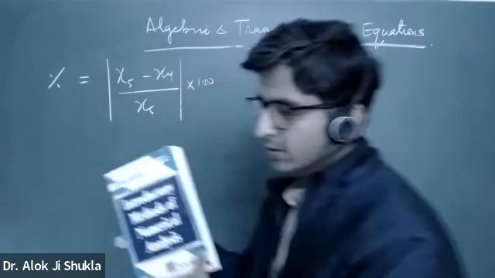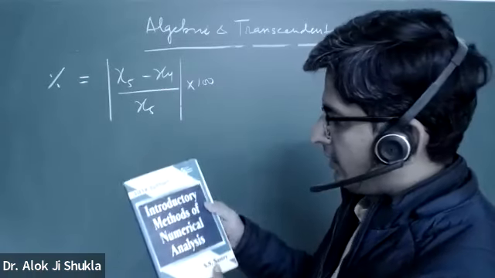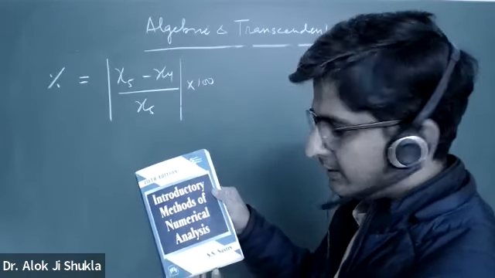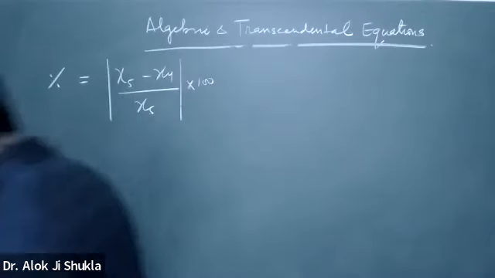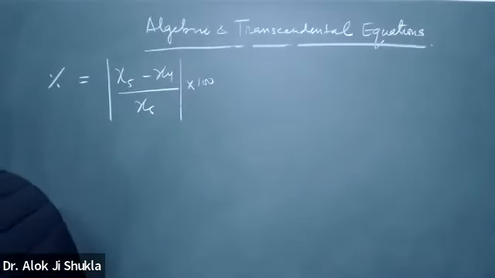So this is that book, Introductory Methods of Numerical Analysis by S.S. Sastry. So this you can find. Okay. Maybe आपके पास हो भी जब आपने course किया हो. So let me take a question.